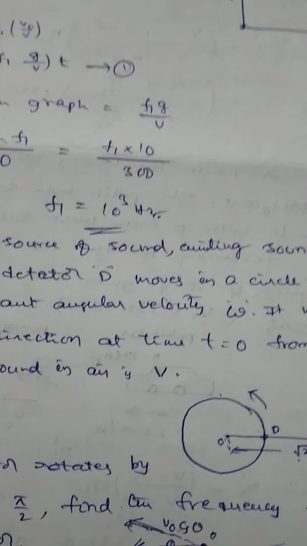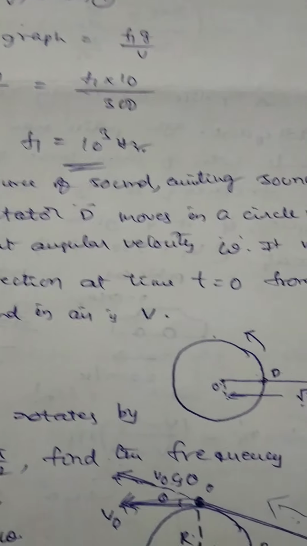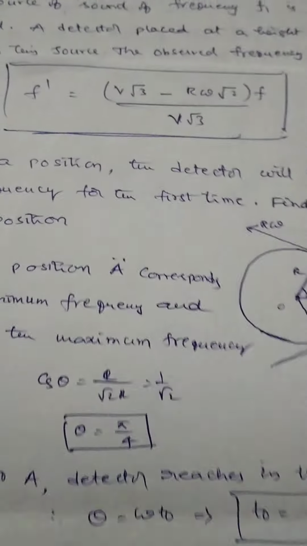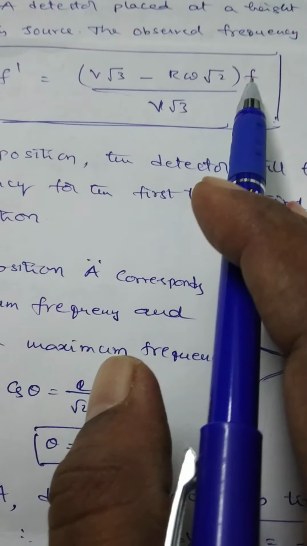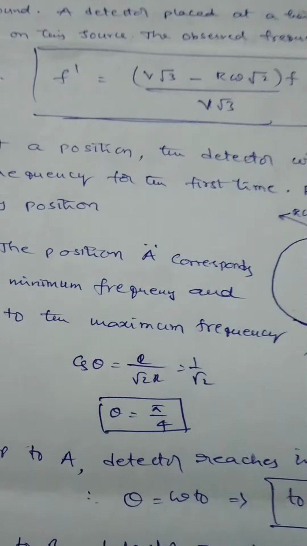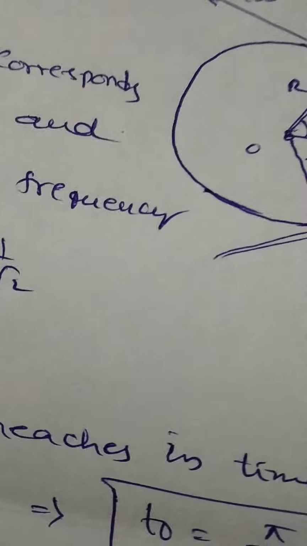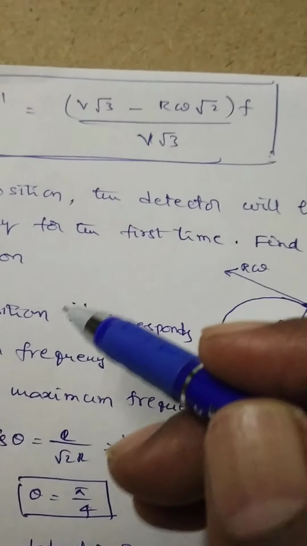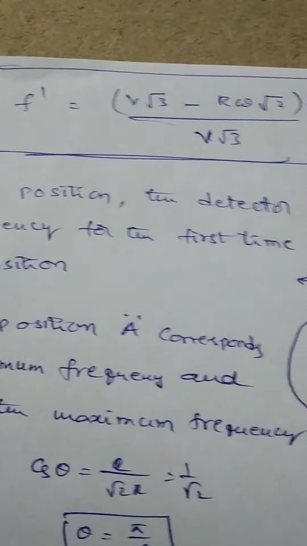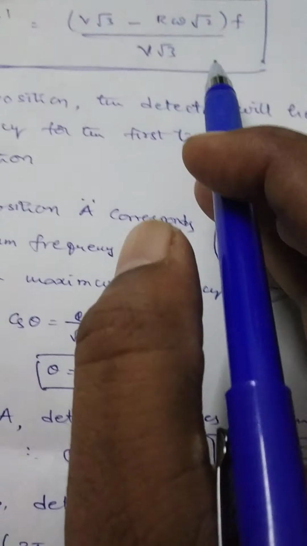and apparent frequency received by the person f dash is equal to V into root 3 minus R omega into root 2, into f by V root 3. Right? Okay. So in the same example, this is the formula for apparent frequency, maximum apparent frequency received by the person, maximum.